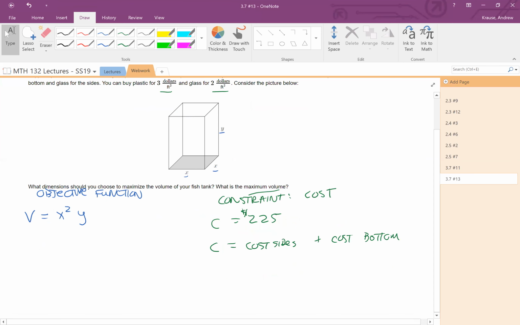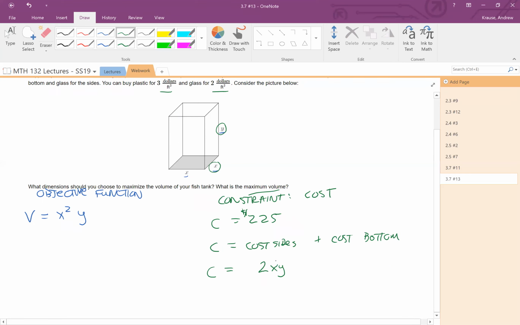The reason that I can include all the sides together is because they're all the same shape. Do you see how they're all x times y? And there's 4 of them. So we're going to take the area of one of the sides, which is x times y, and multiply that area by the cost of the sides, which is $2 per square foot.